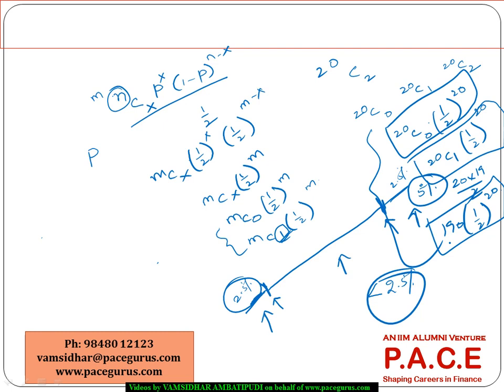So either I can use a normal approximation where the mean is m by 2 and the variance is m by 4. I can compare it with m by 2 minus 1.96 times root of m by 4 as well as m by 2 plus 1.96 times root of m by 4.